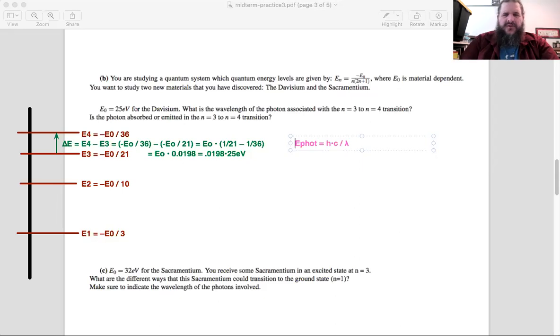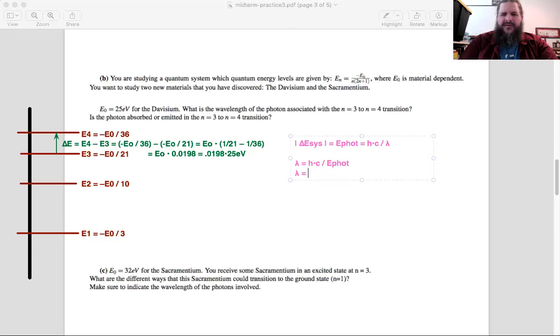And the energy of the photon is the absolute value of delta energy of the system, because the photon's energy should always be treated as a positive number. We set that equal to hc over lambda, multiply both sides by lambda, divide both sides by the energy of the photon, and that should give us the wavelength.